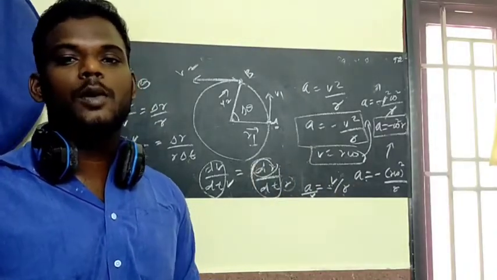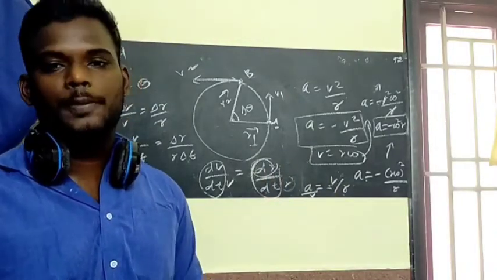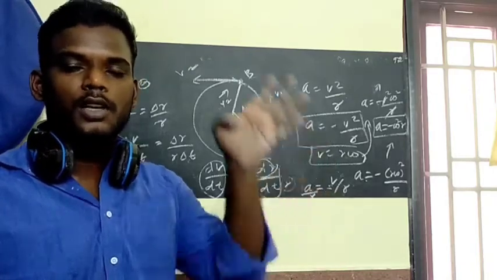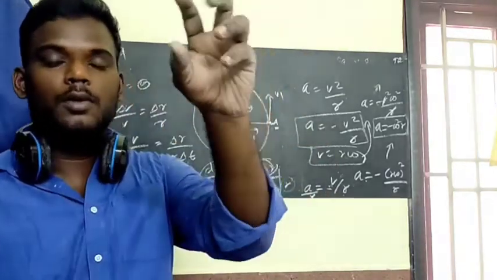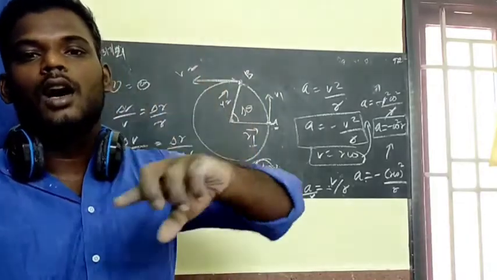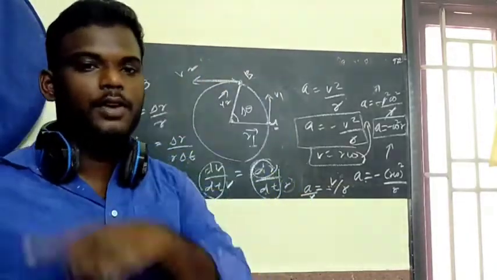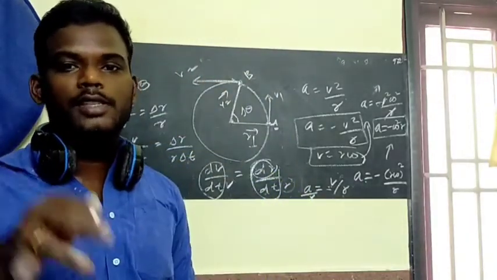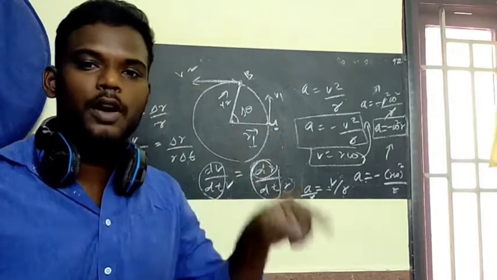Finally we discussed uniform circular motion, and we saw that the velocity of all the particles differs at every point. Even though the magnitude is the same, the direction of the velocities keeps on changing.